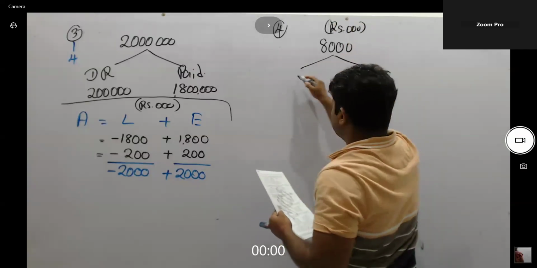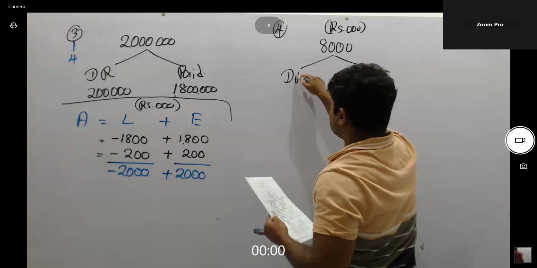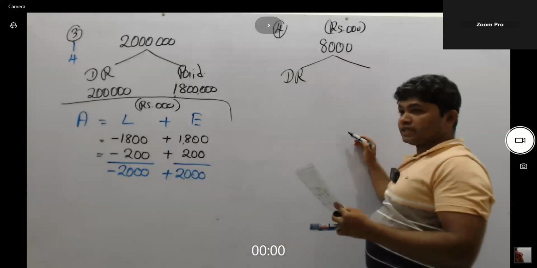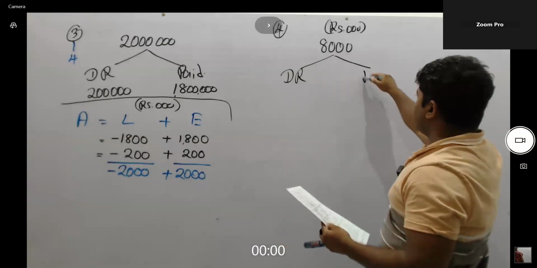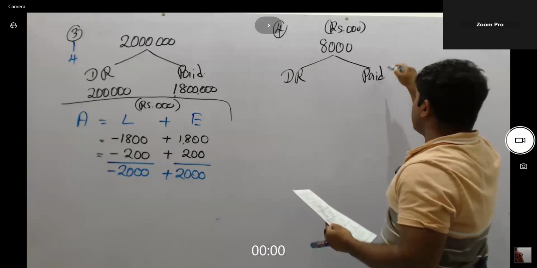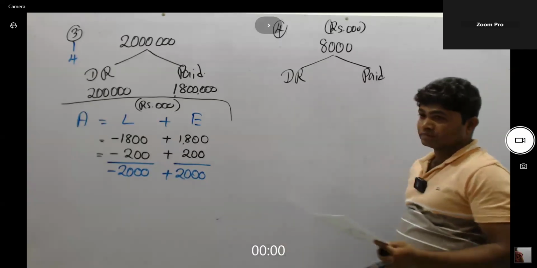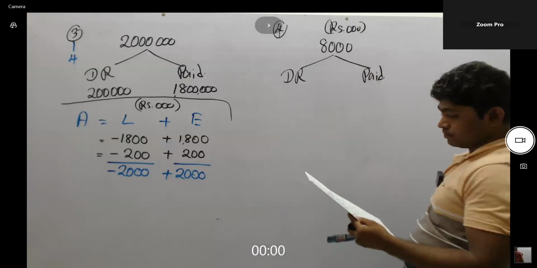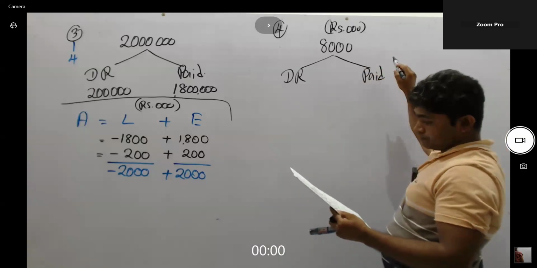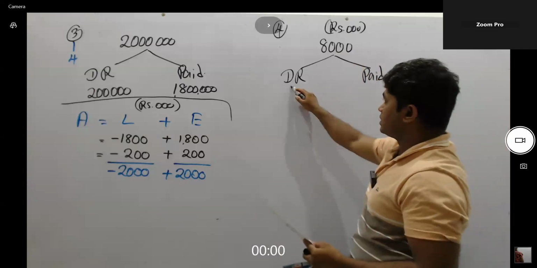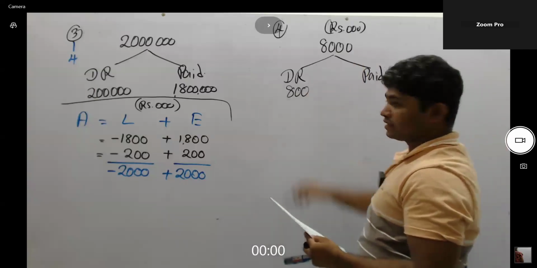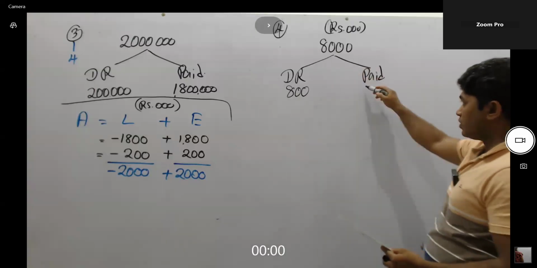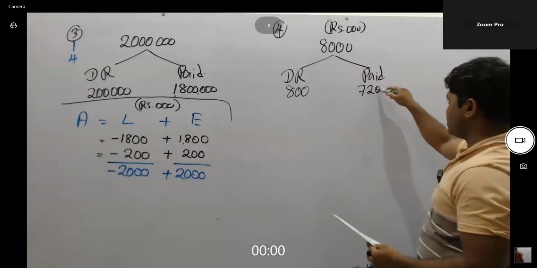At the time of settlement, the creditor allowed a discount, which from the business point of view is a discount received. The balance amount was paid for creditors by the owner, not by the business, out of his personal money. The discount was 800, which means paid for creditors by the owner equals 7,200.